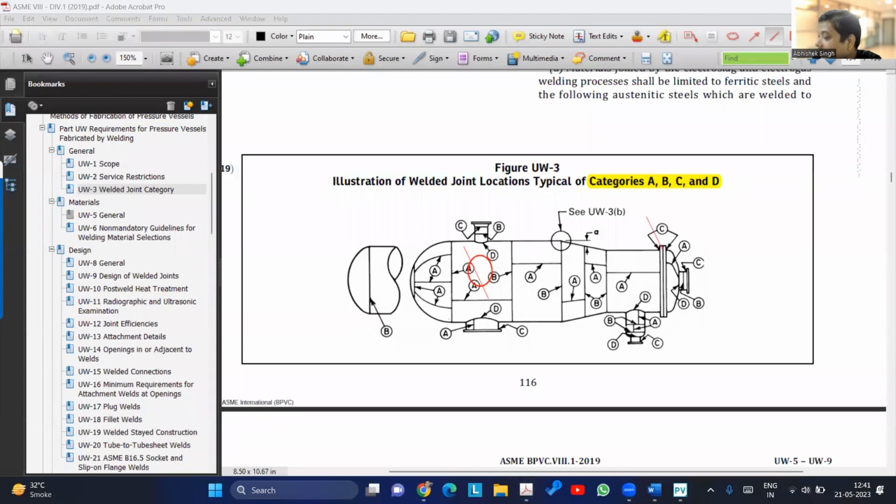Himanshu is asking, why is PTC required for neck to flange? Yes, it's not required. That's what you said there, right? PTC is not required. If it is a B kind, then we'll have a PTC. If it's a neck to flange C type joint, you don't require PTC.